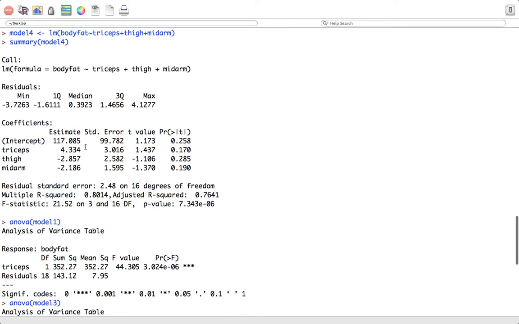Yeah, right here. So the test statistic for triceps was 1.437, and the test statistic for thigh was negative 1.106.